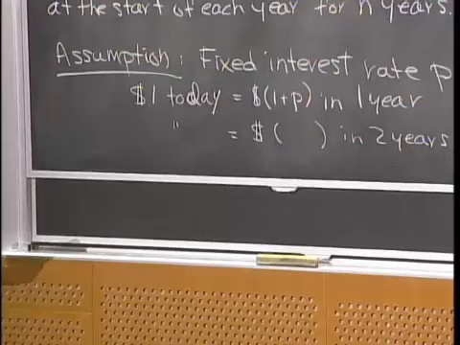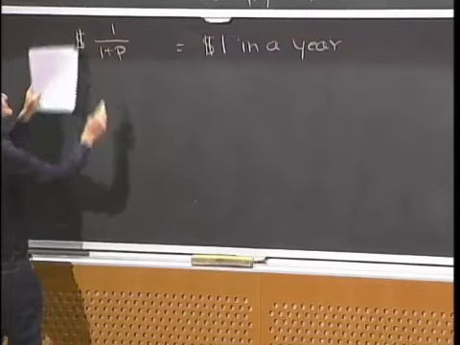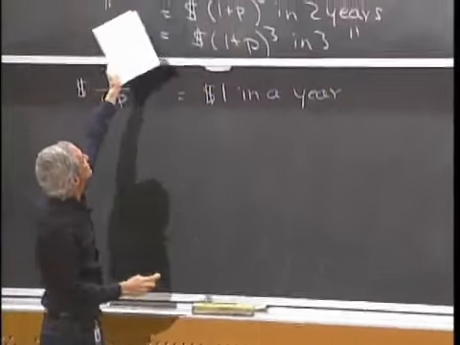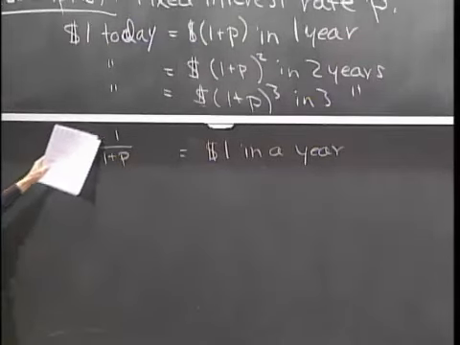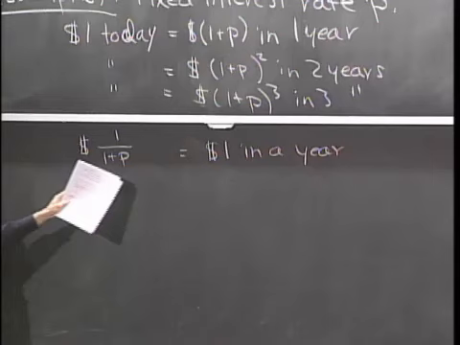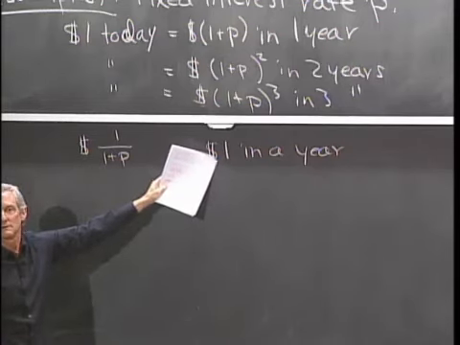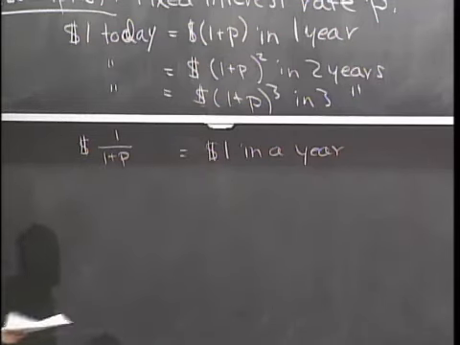So if I'm going to be paid $1 in a year, what would be the equivalent amount to be paid today? 1 over 1 plus P. Because what's happening here is as you go forward in a year, you just multiply by 1 plus P. So 1 over 1 plus P turns into $1 in a year, being paid in a year.